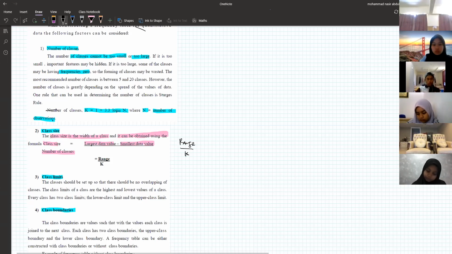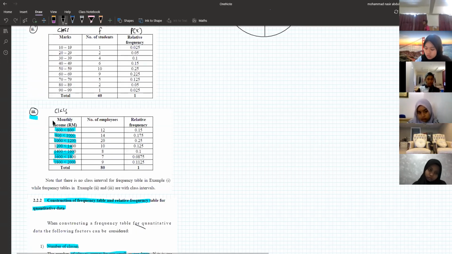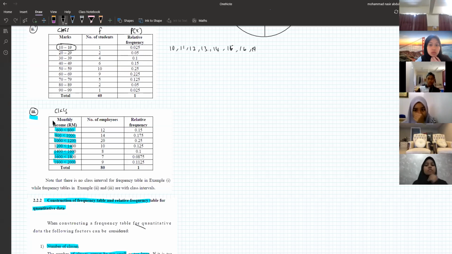Class size means, if we look here, for example table number 2, what is the size for class number 1? From 10 to 19, what is the class size? How many numbers are involved in this class? We have 10, 11, 12, 13, 14, 15, 16, 17, 18, 19.